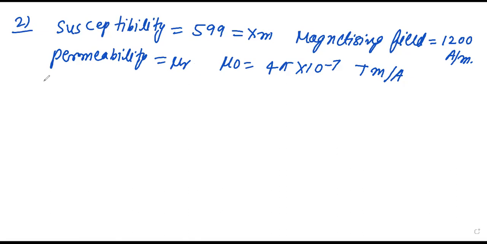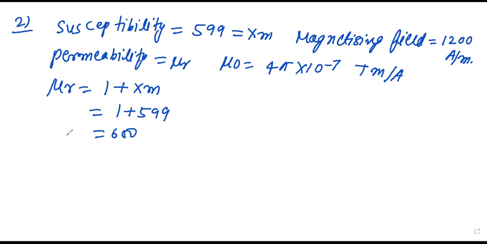Mu r, the relative permeability, is equal to 1 plus chi M. So mu r comes out to be 1 plus 599, so it will be 600. Mu r means relative permeability.